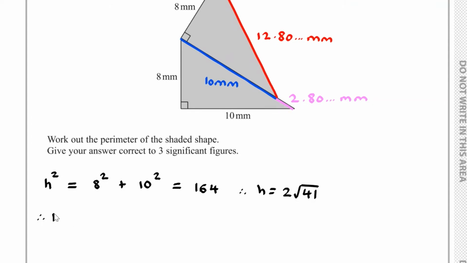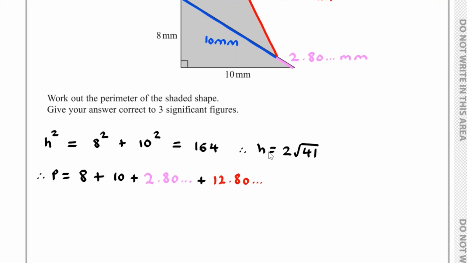And so therefore the perimeter, we've got 8 plus the 10 plus the 2.80, etc. plus the 12.80, etc. And then we add on this 8 over here.